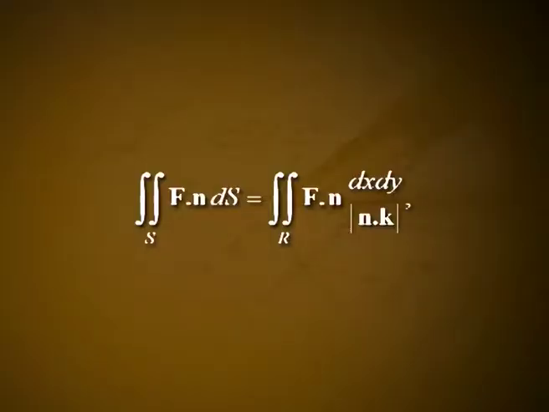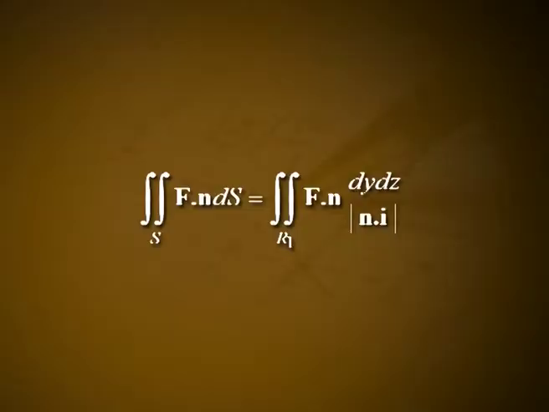We also recall the following surface integral formulas. Double integral over S of F dot n dS is equal to the double integral over R of F dot n dx dy / |n dot k|, where R is the orthogonal projection of S on the xy plane.